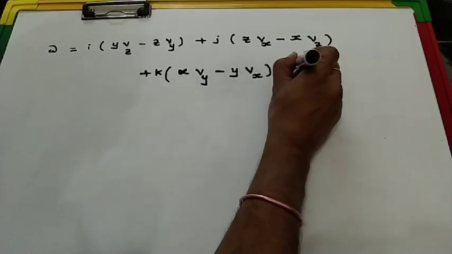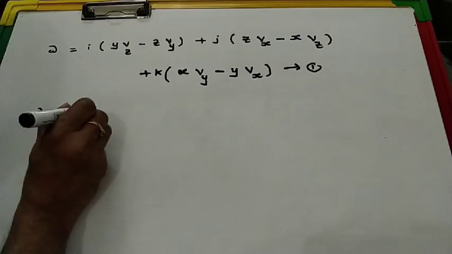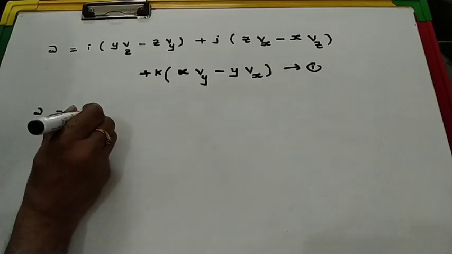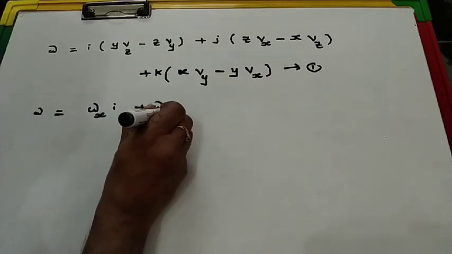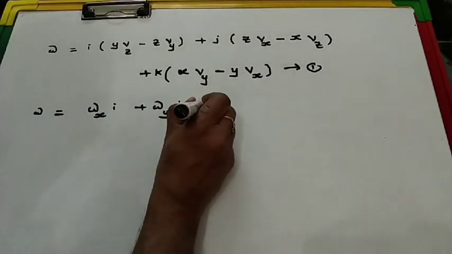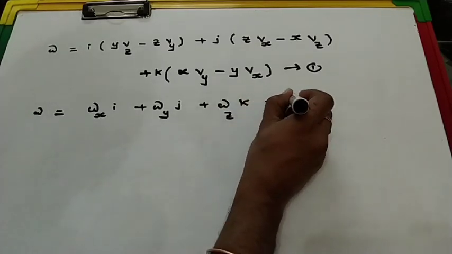Consider equation number 1. But omega is equal to omega x i plus omega y j plus omega z k. Equation number 2.